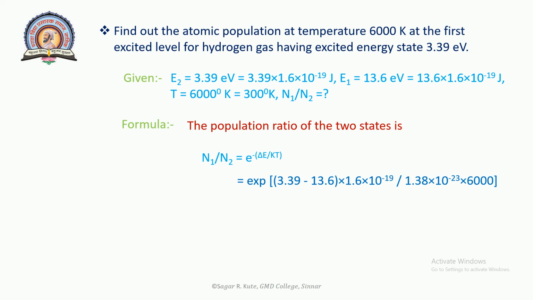Now solving, e raised to minus 16.336 into 10 raised to minus 19 upon 8.28 into 10 raised to minus 20. Now e raised to minus 19.73, that is, the value of N1 upon N2 is equal to 2.5 into 10 raised to minus 9.